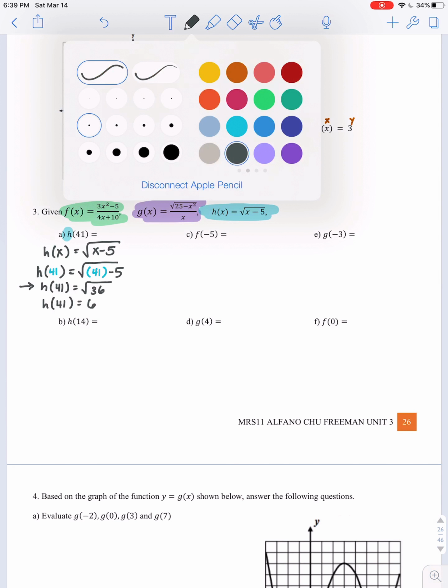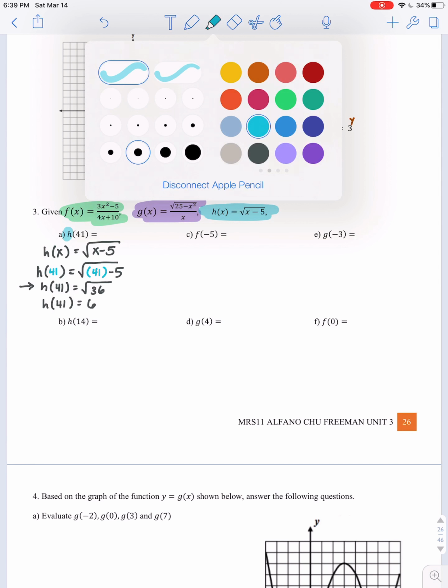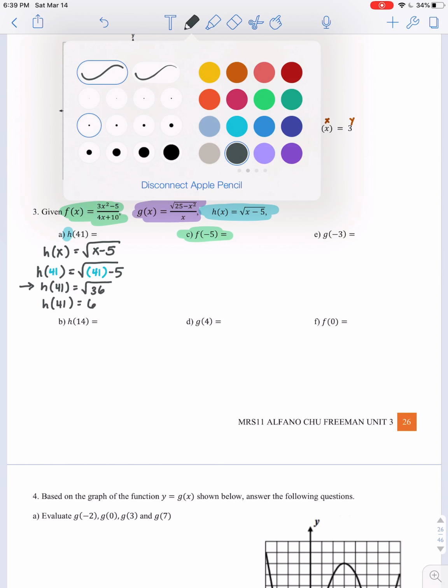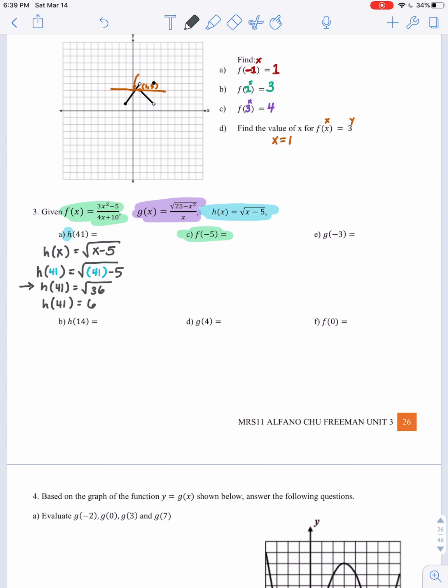All right, next one is the function f. So I'm going to make sure that I am using my f function. Okay, so f of negative 5 is going to be 3x squared minus 5 all over 4 times x plus 10.